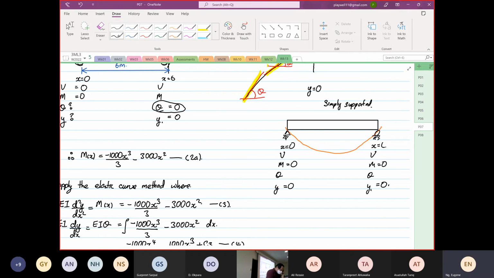If I draw a horizontal line, the slope is not equal to 0, yes or no? Yes, sir. Good question, okay? So it does not mean when x is equal to 0, theta is always equal to 0. If it's simply supported, that's not true. Good question, I like that, okay?